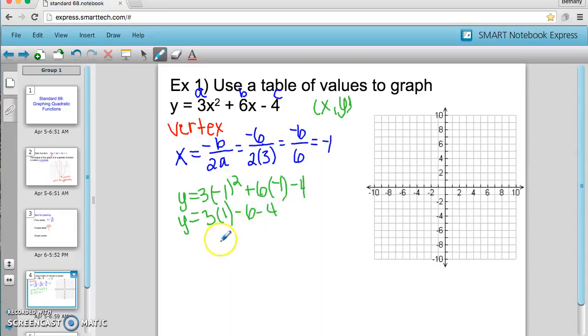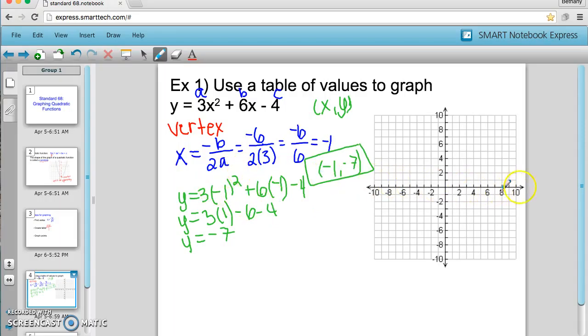Now, if we put this in our calculator, 3 times 1 is 3, so we would do 3 minus 6 minus 4, and we'd get our y value equals -7. So my y value is -7, and my vertex is the point -1, -7. That's my vertex point right there, and this is going to be important to us.